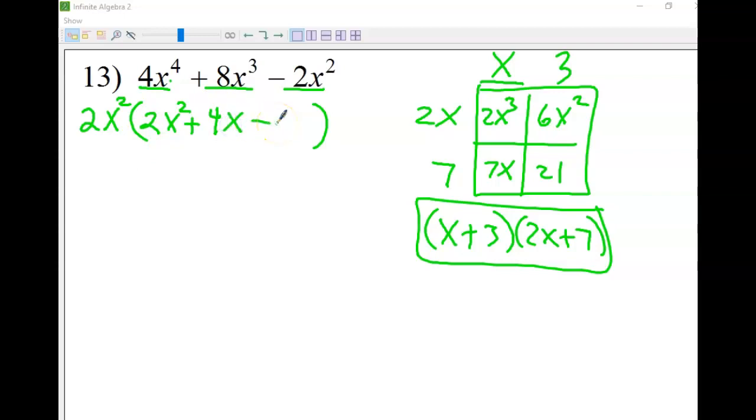What am I going to have over there? 1. Because what's 2 divided by 2? 1. And x squared divided by x squared is 1. So, there you go. Now, we're not done, though. That was a GCF. Now we do the what? The box. It's just more work.